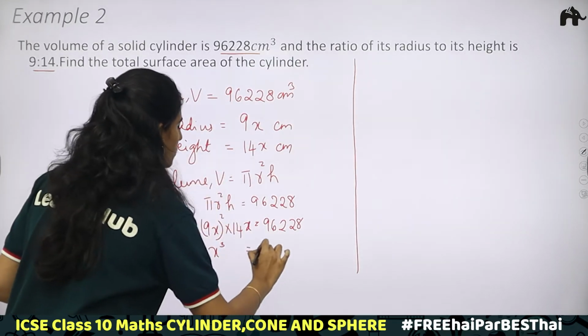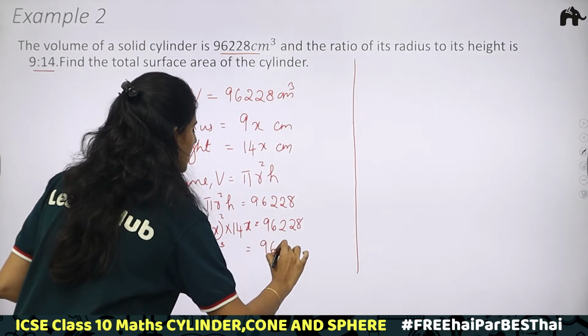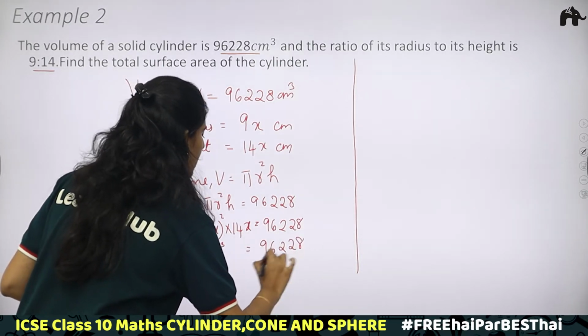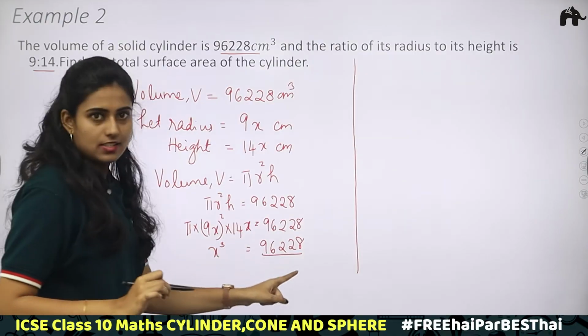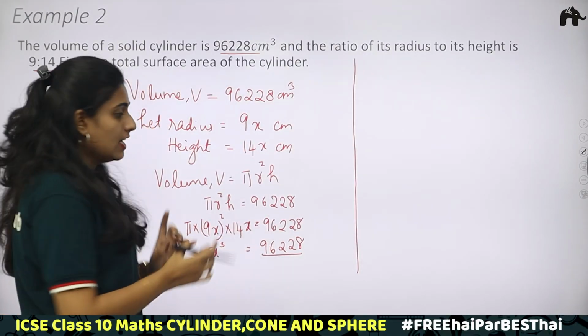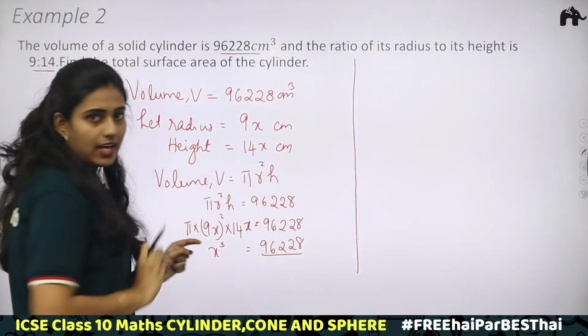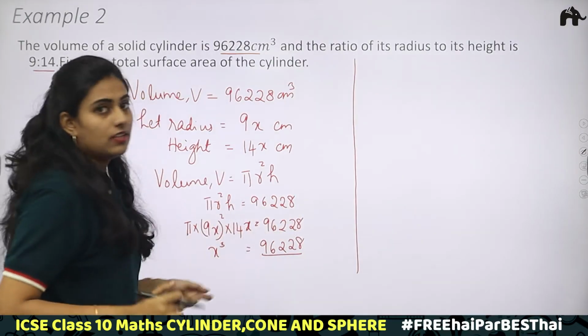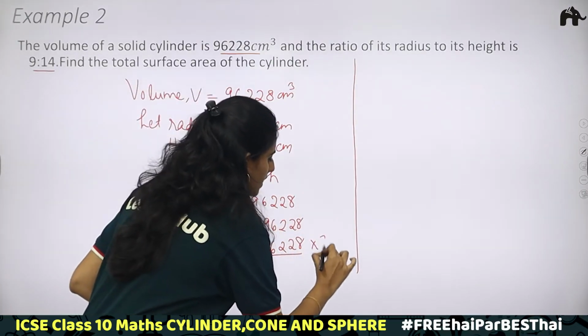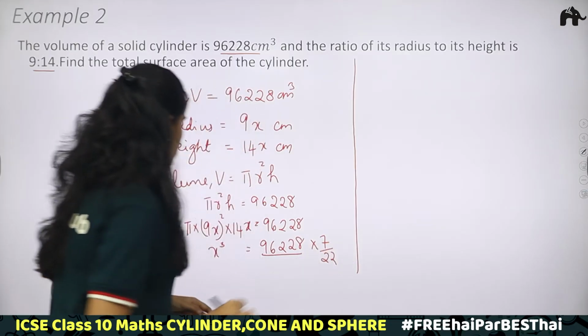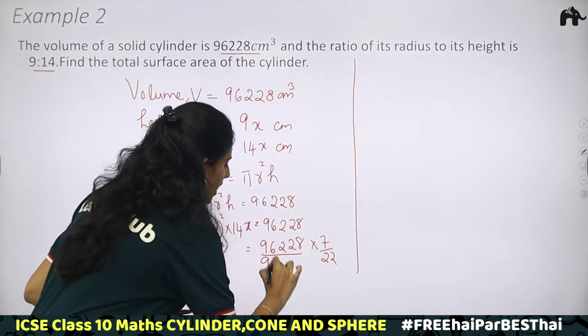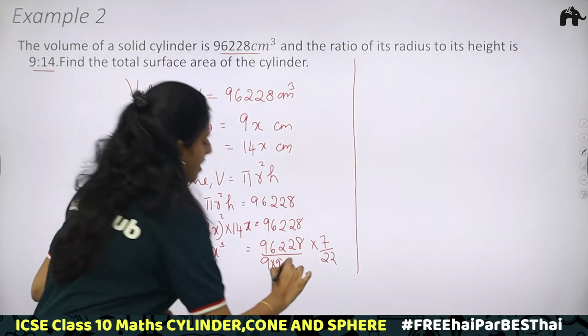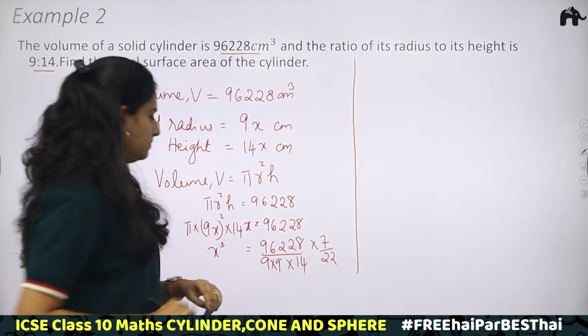X cube will be equal to 96,228 divided by, bring all other terms to the opposite side. This pi is 22 divided by 7. Taking the reciprocal, we get 7 by 22. Okay, 7 by 22. Then we have 9 square, 9 into 9 and 14 into 14.